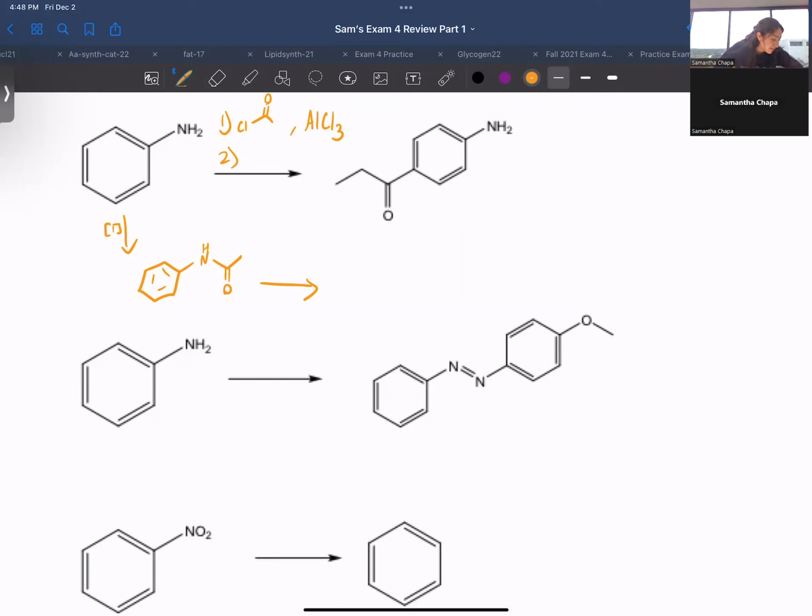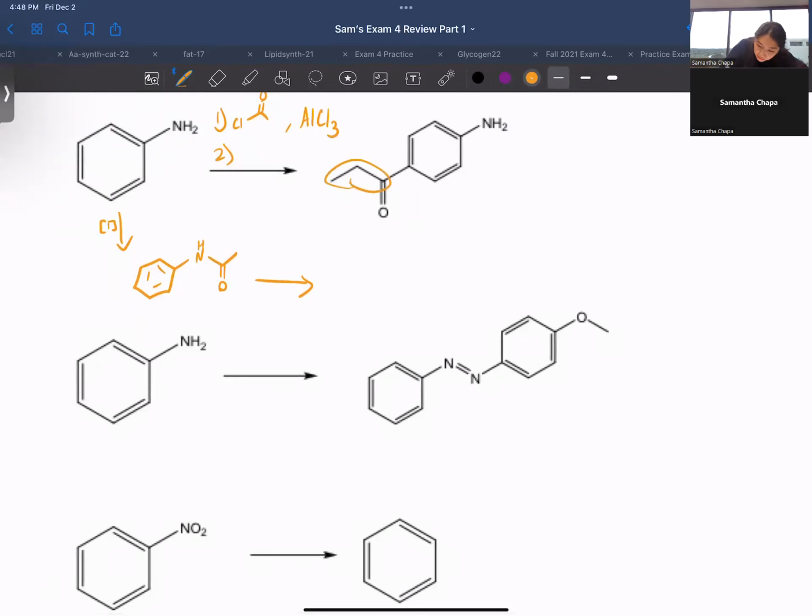It's an amide now, something that's not very reactive. And so what we're going to do is do another Friedel-Crafts reaction, because now we can do our desired reaction without worrying about anything else getting in the way. So I'm going to do another acylation. And I'm adding a total of 1, 2, 3 carbons. So I'm just going to do another acid chloride with 3 carbons on it.